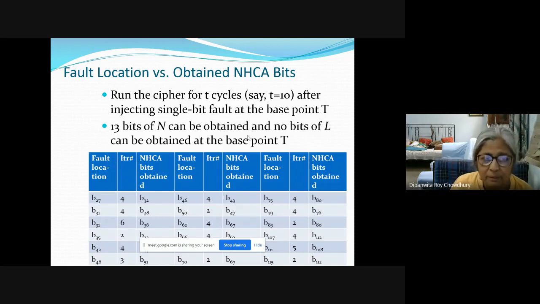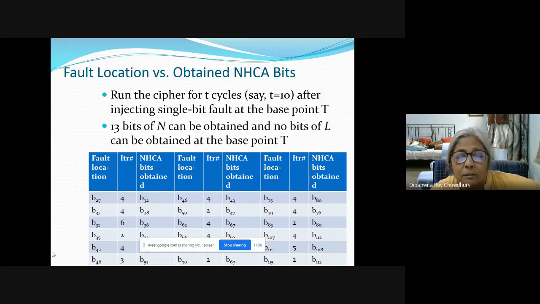So now we have done this experiment. These are just a few results we are showing, but you understand that fault simulation is a big one. We have given faults at many locations, and for some iterations, a maximum of 10 iterations, because with more iterations it becomes more difficult, or rather you can get more results to exploit.